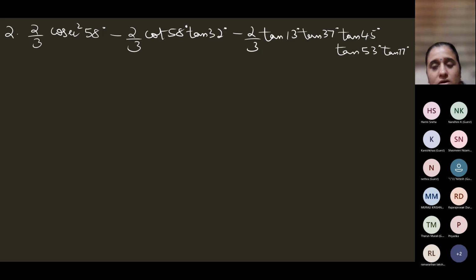So there is only one standard angle here, 45 degrees, whose value you can get from the table, tan 45. The others are non-standard angles, 58, 32, 13, 37, 53, 77. Let's try.